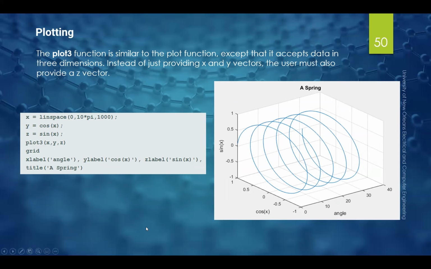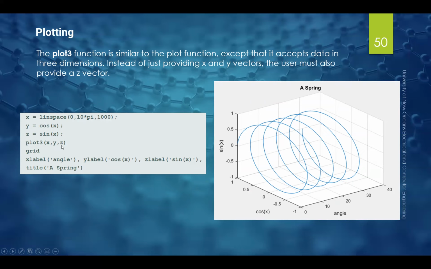So in this example, I used the linspace command to create 1,000 points from 0 to 10 times pi for the x-axis. And then the y-axis is going to be the cosine of x. And the z-axis is going to be the sine of x. And of course, the z-axis is pointing up, in this direction.